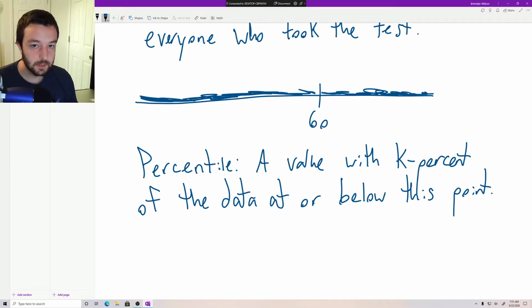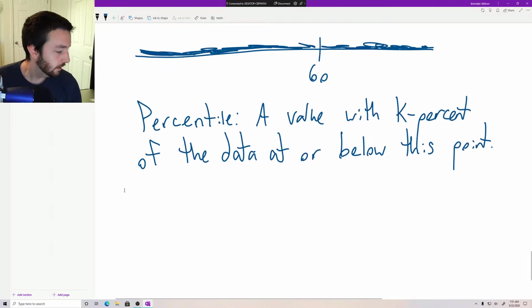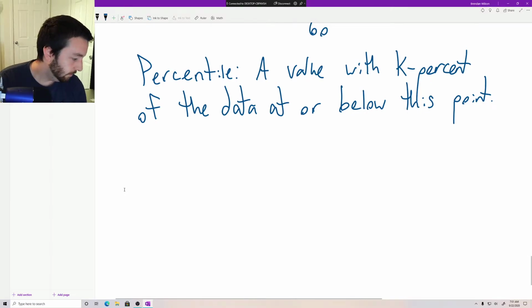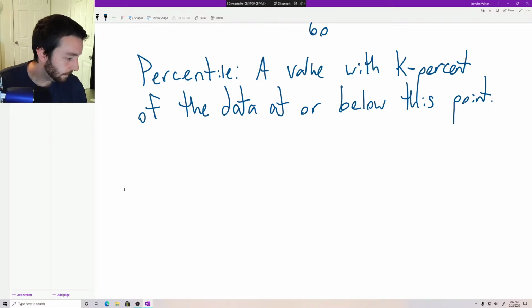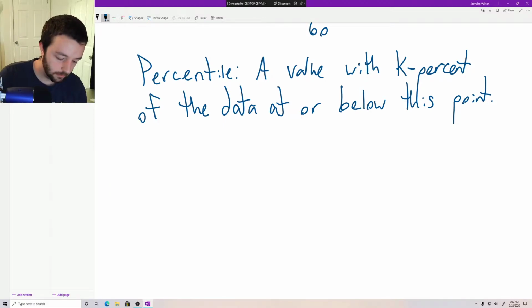So you could have the 50th percentile, you could have the 100th percentile. That would be the very top of the data, right? You could have the 7th percentile, etc. All right. So quartiles are just special percentiles. Okay.